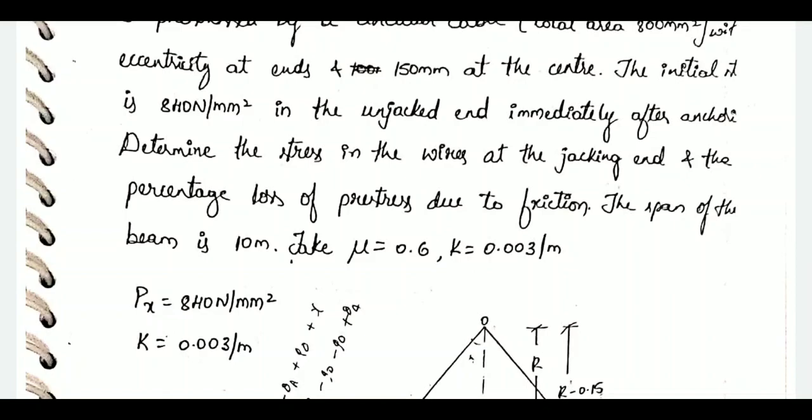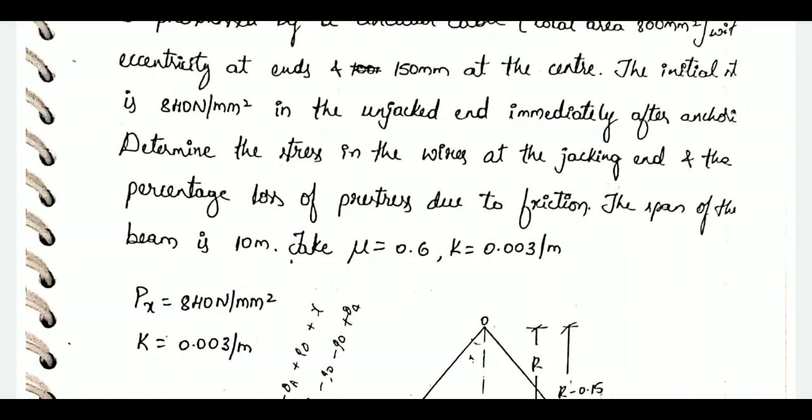So 10 meter span is there. One end it is fixed and another end it is applying the tension force. So the end which you are applying the tension force is called the jacking end, and the opposite end where we have fixed the tendon at the beginning itself, that is the unjacking end. In that fixed end it is given 840 Newton per mm square immediately after the anchoring, that is after applying the tension force and anchoring at the jacking end.